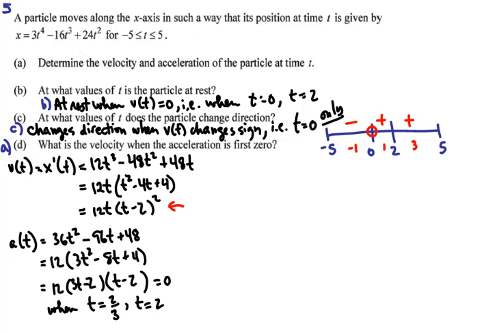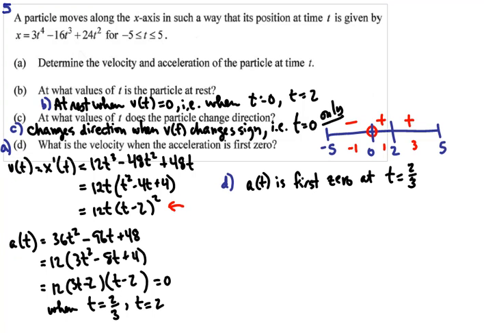So we say that a of t is first 0 at t equals 2/3, and we want to find the velocity when the acceleration is first 0. So we want to find v of 2/3. You have to think about that carefully. Acceleration is first 0 at t equals 2/3, but we need to plug that back into the velocity function.